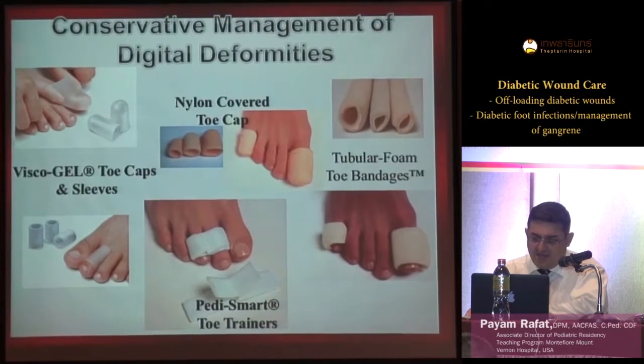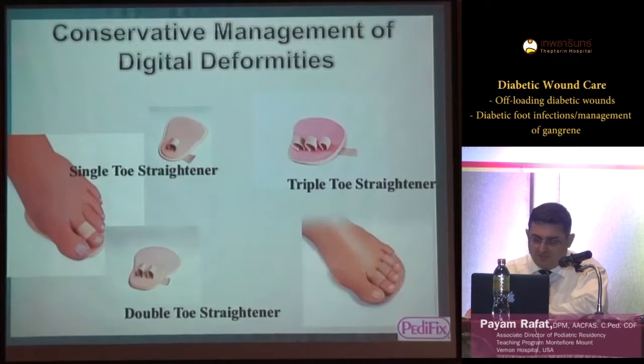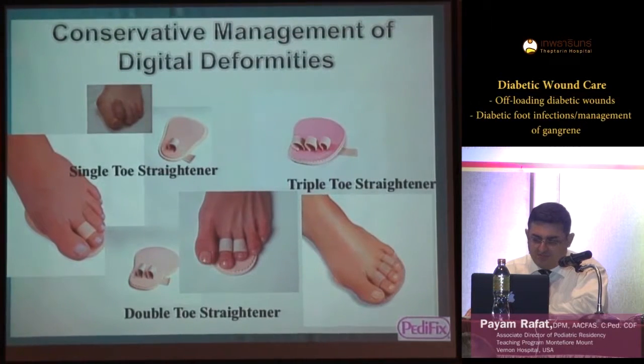There are various toe caps and sleeves and digital toe trainers that can be utilized for the digits. There are toe straighteners. They're made for single or multi-toe deformities that can help to bring them down in a more rectus position.